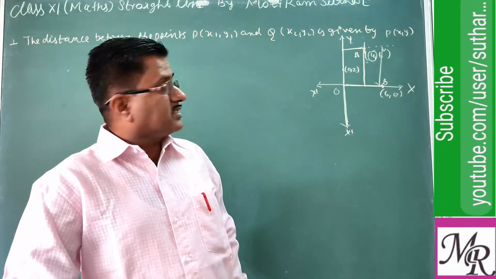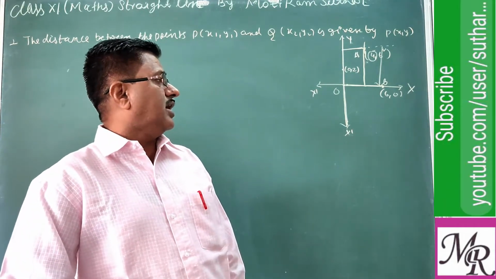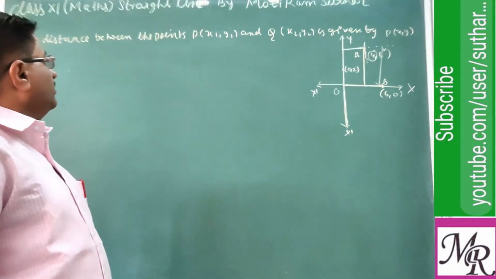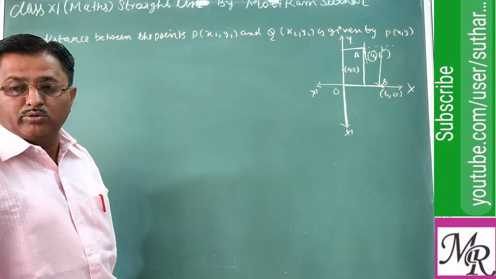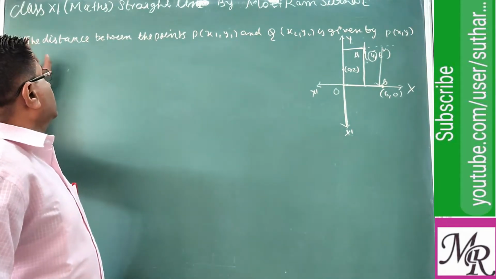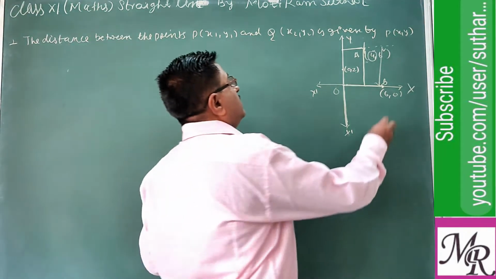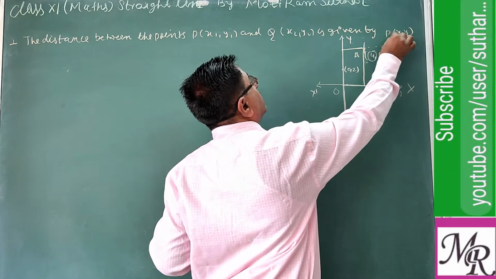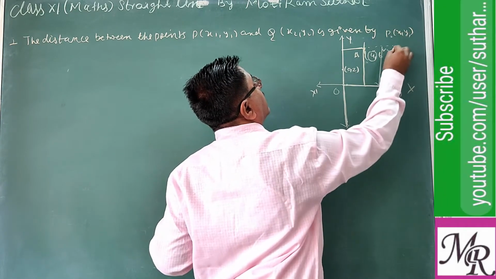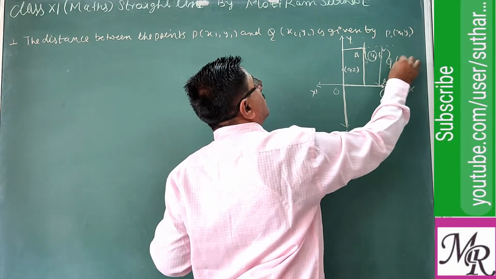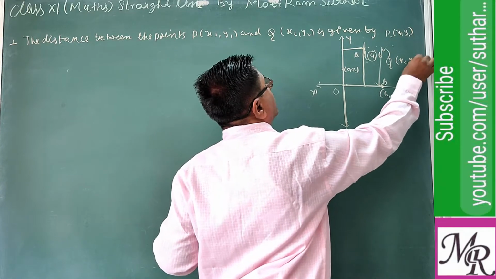So dear students, some formulae whose derivations we saw in 10th class, we may review. First one: if you want to find the distance between 2 points, suppose we are given the point P whose coordinates are x1, y1 and Q, x2, y2.